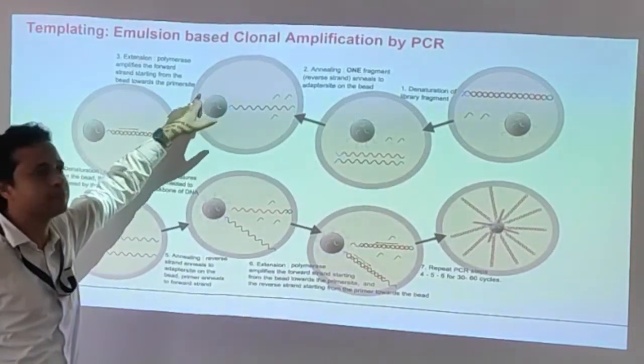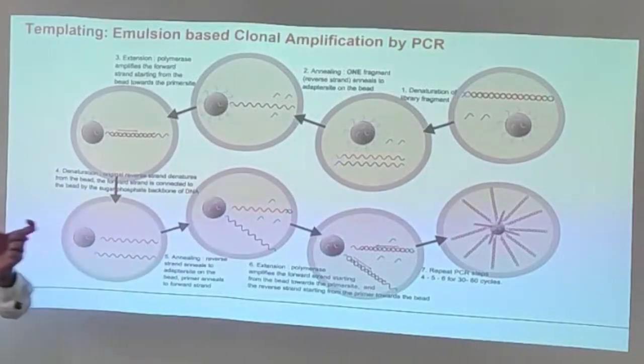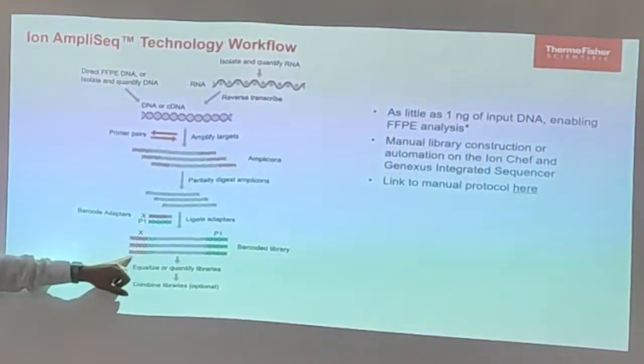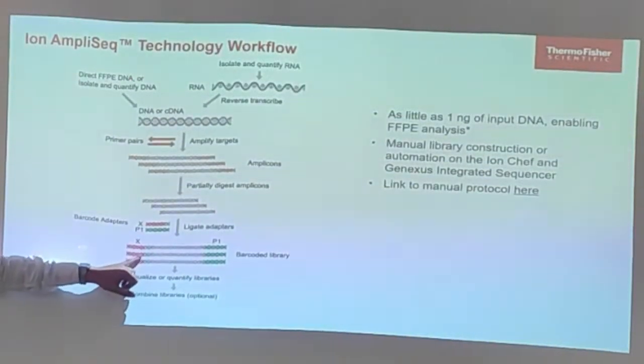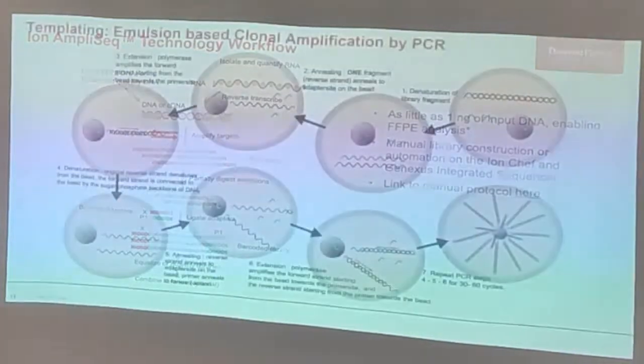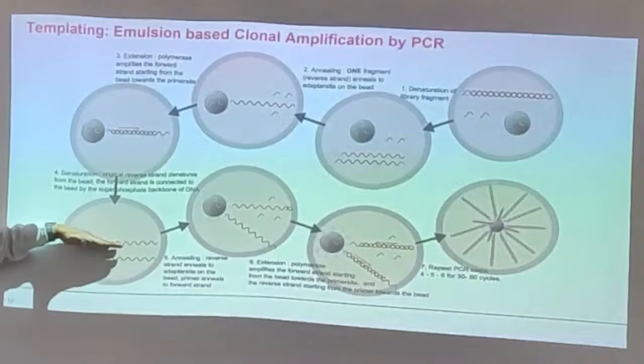These are short sequences on the Ion Sphere beads, complementary to the adapter sequence. Here your library has this adapter. So these adapters are complementary, and your library molecules can easily attach to the beads.